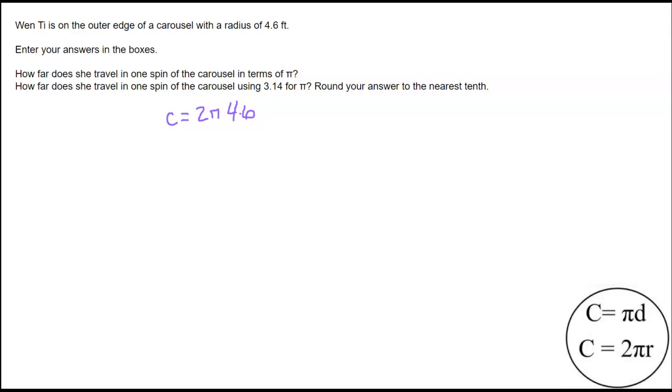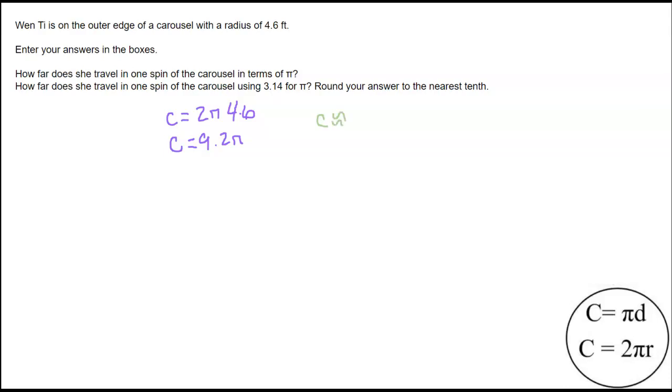So the exact answer for the circumference in terms of pi is going to be 4.6 times 2, which is 9.2 pi. Remember, circumference equals diameter times pi. That's our exact answer.